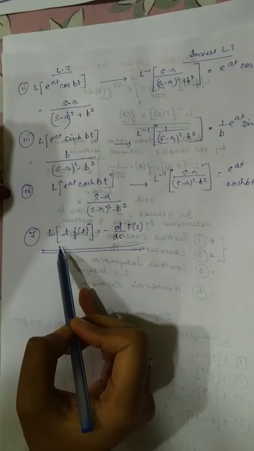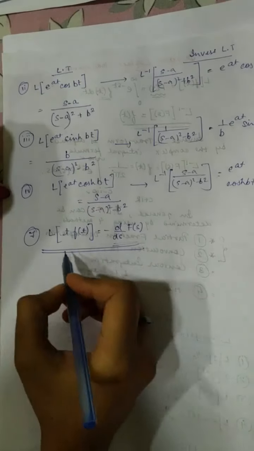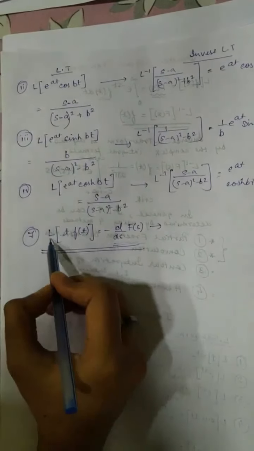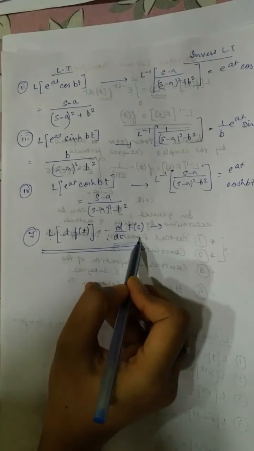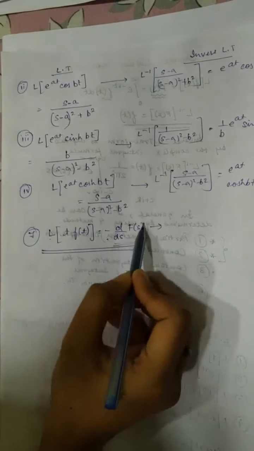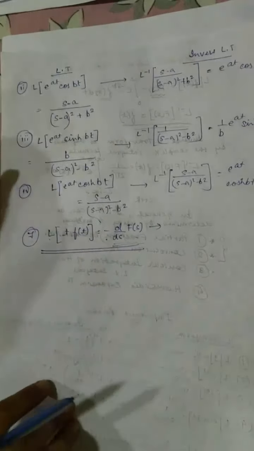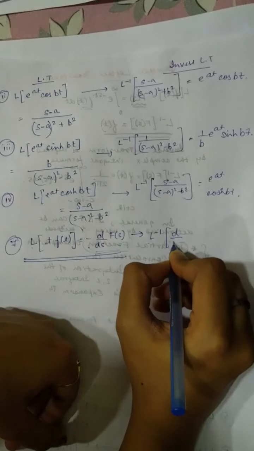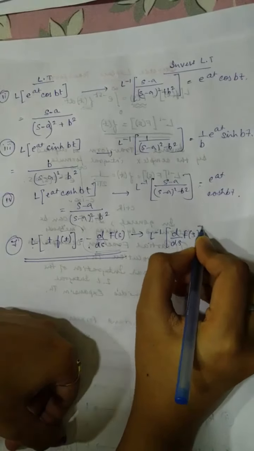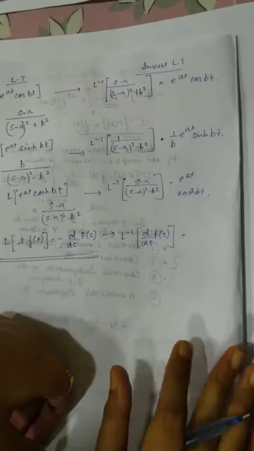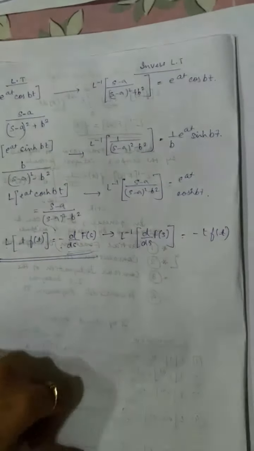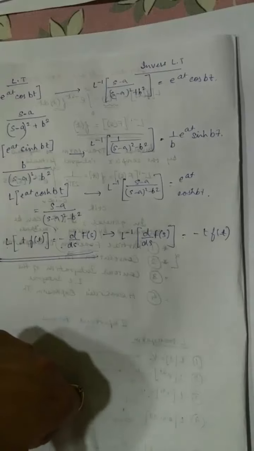So from here we can write, if the Laplace transform of t f(t) is this, that means the inverse Laplace of this is t f(t), right? So we can write inverse Laplace of d/ds F(s) is equal to minus t f(t), right? This is what the Laplace transform definition says.